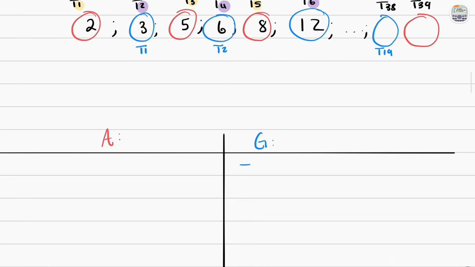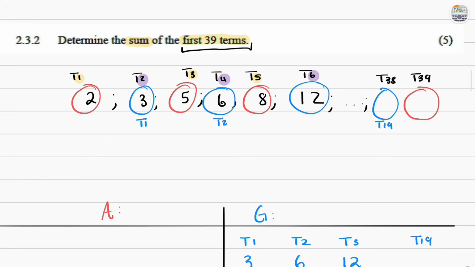So this is term 19 of the geometric pattern. It means in our geometric pattern, we have terms from 1 to 19. We have 19 values. And I'll also put them down because we need them. 3, 6, 12, and the 19th one. Now, why is this important?